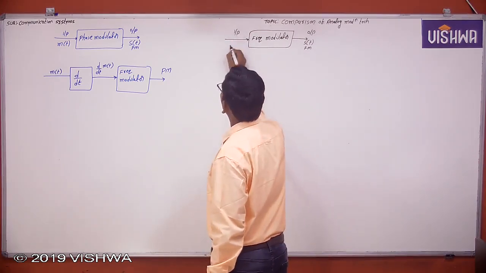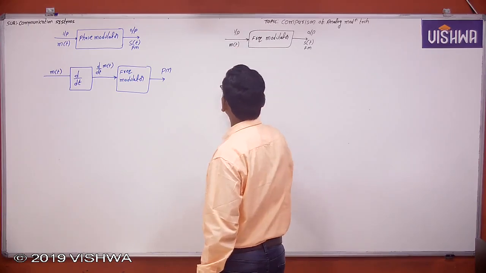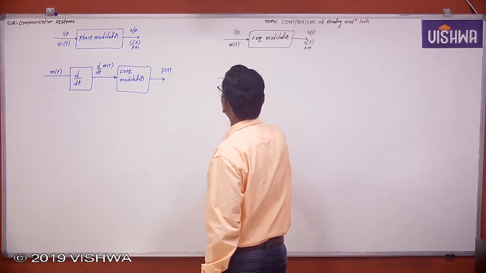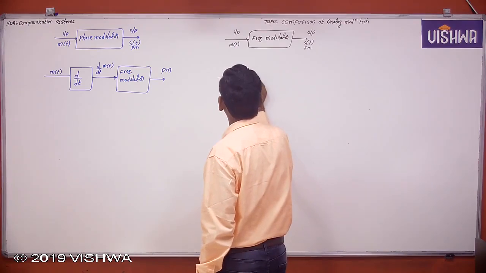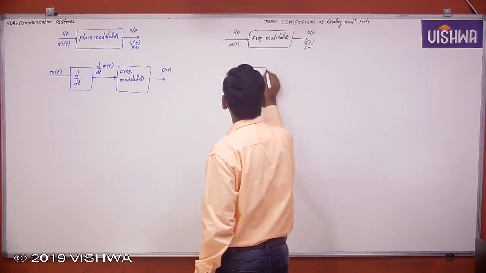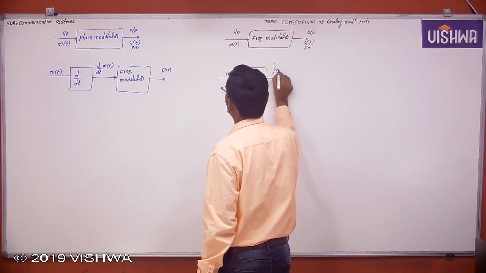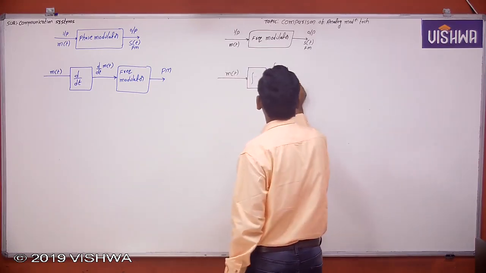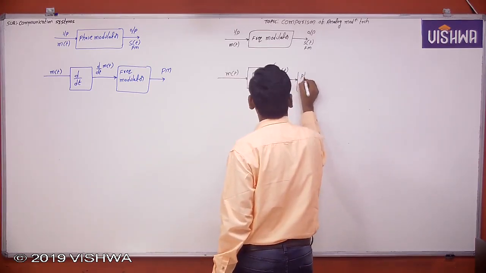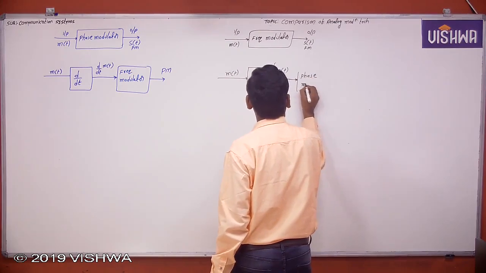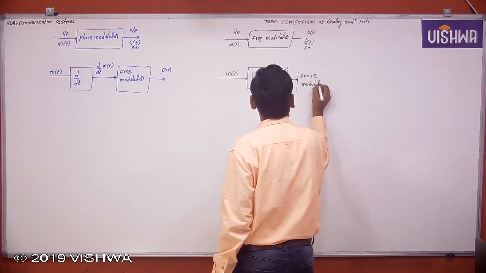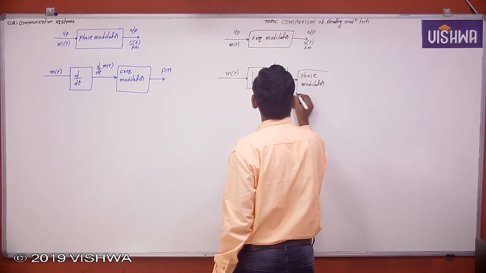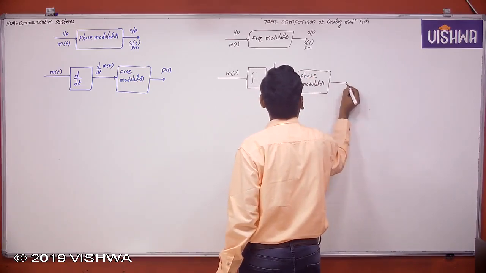Now the input is the message signal, and the integration of m of t you apply to the phase modulator, then you can get an FM signal.